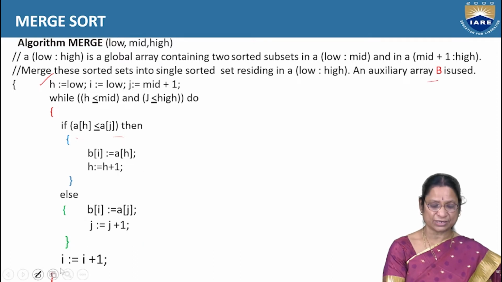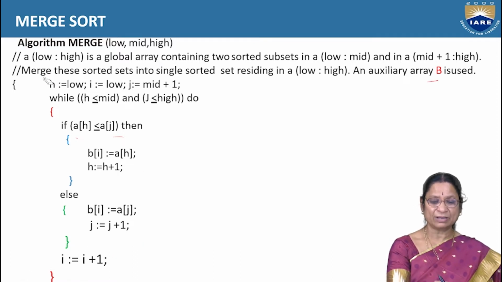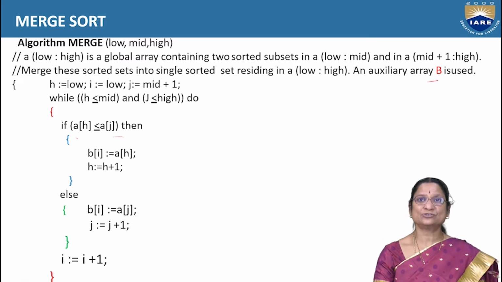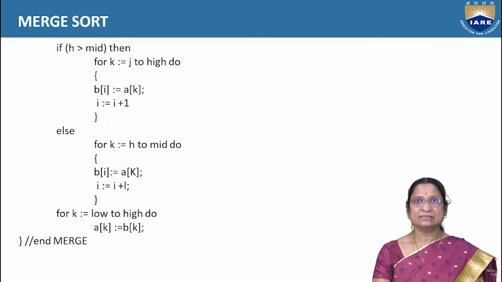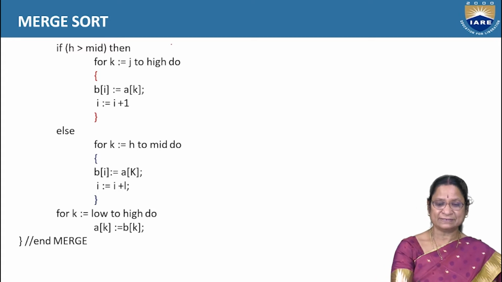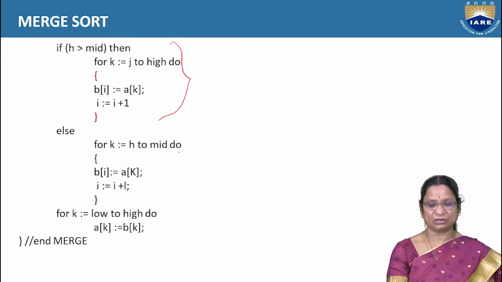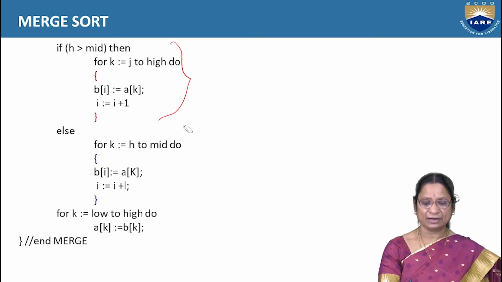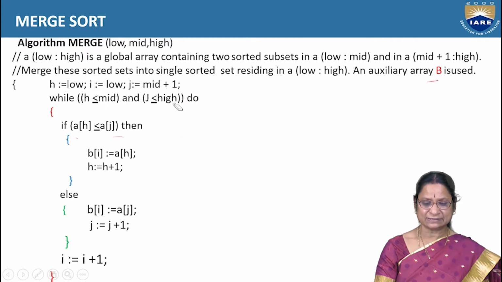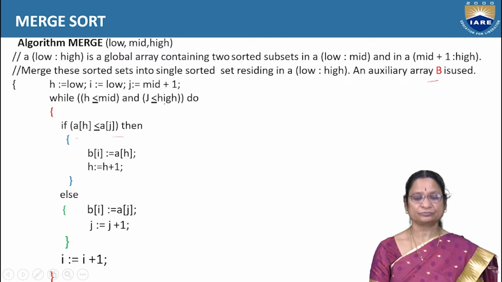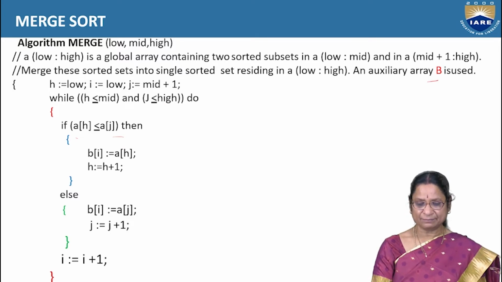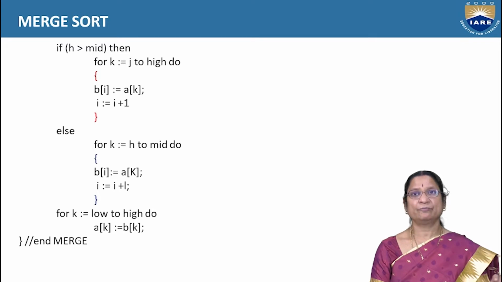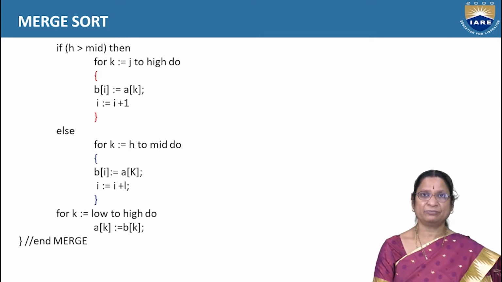In either of these two cases, I will be incremented. Why? Because we have written some value to the new array, so the new array index has to be incremented. Similarly, the remaining elements of the first sublist or the remaining elements of the second sublist are copied, depending upon which condition is satisfied. If H is greater than mid, the remaining elements from J to high are written.